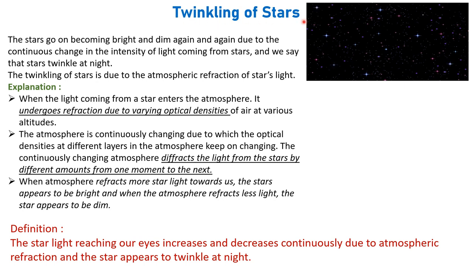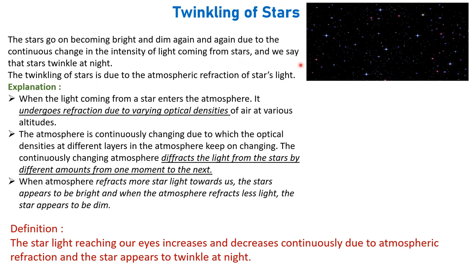And how does it happen? Let's read it. The star goes on becoming bright and dim again and again due to the continuous change in the intensity of light coming from the star. Sometimes the intensity of light reaching your eyes is more, and that time the star will look brighter to you.